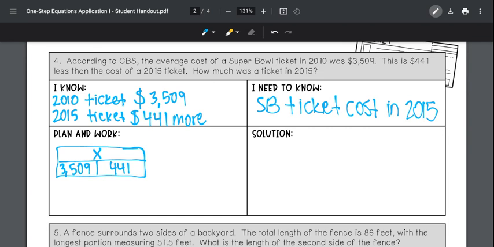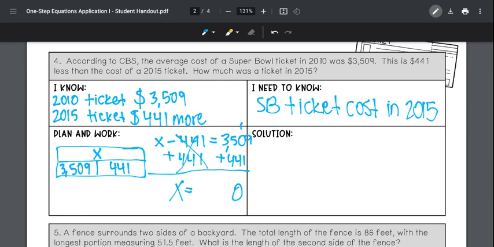Okay, so what you could do is X, our total that we don't know, minus $441 equals $3,509. So what we could do to figure out how much our ticket costs today in 2015, is add $441 to both sides. Okay, that goes away. So we're left with X equals 9 plus 1 is 10.